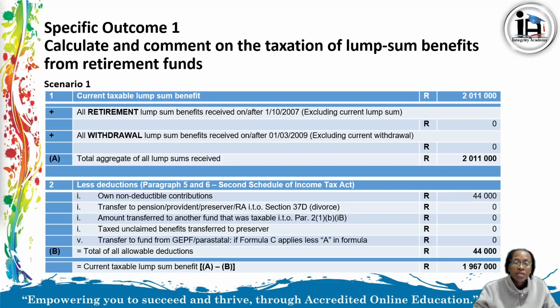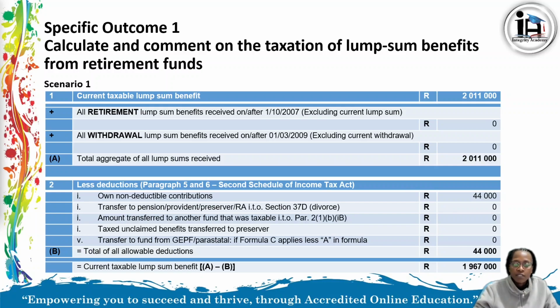Then two, we subtract deductions as per paragraph 5 and 6 of the second schedule of the Income Tax Act. Our own non-deductible contributions of 44,000. Transfer to pension or provident or preservation or retirement annuity or section 37D divorce, we don't have the amount, it will be zero. Amount transferred to another fund that was taxable, it's also zero as we don't have.